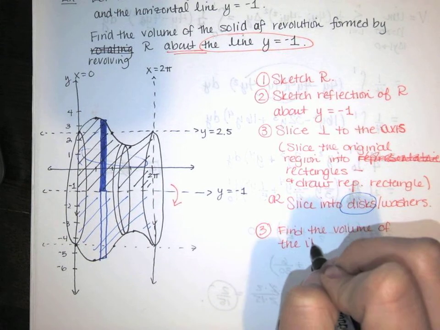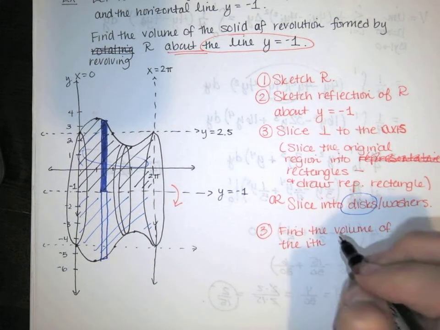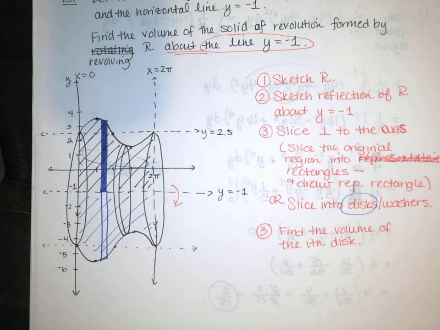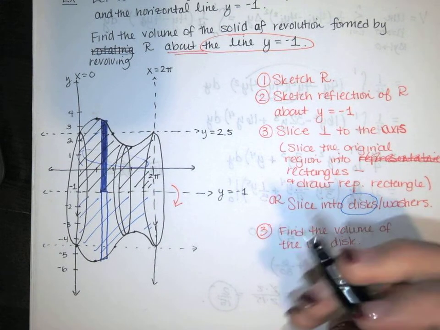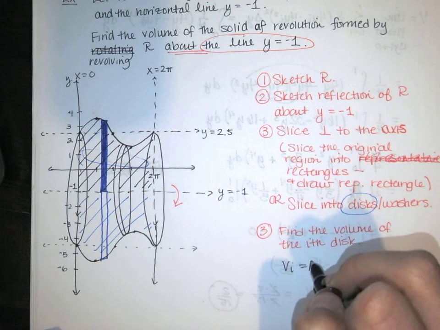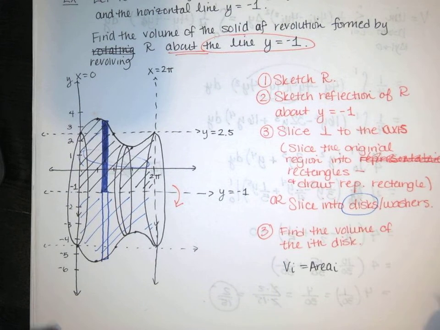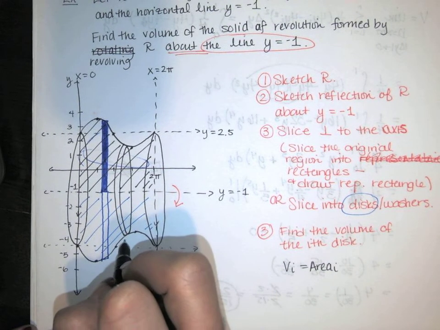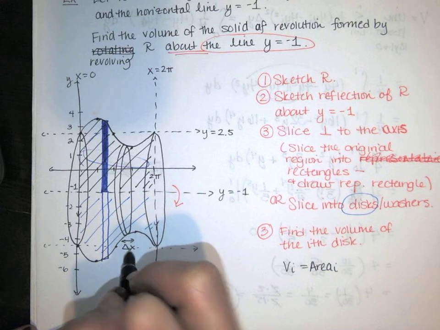And again, we're going to say we have n discs, and I want to find the volume of the ith disc. Okay, not too bad. We know how to do this because we just did something very similar in the last section. Volume is just area times the thickness of the disk. In this case, since we sliced perpendicular to the x-axis, the thickness is delta x.